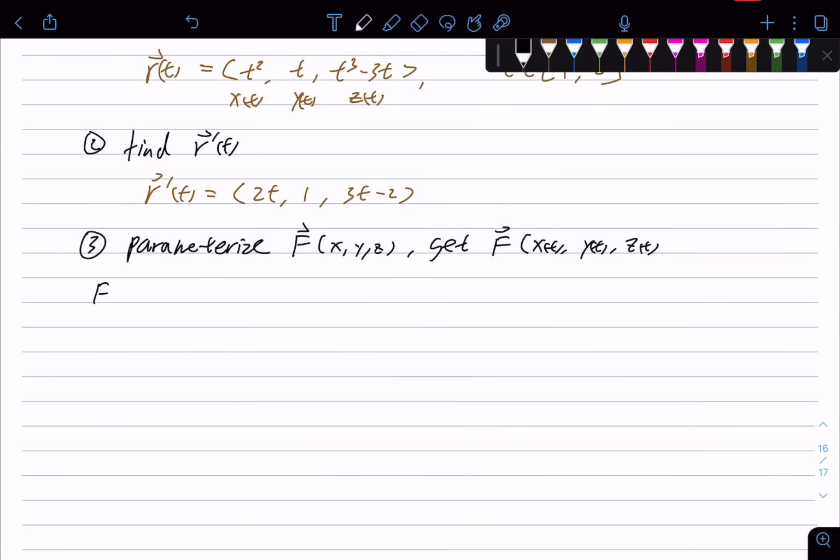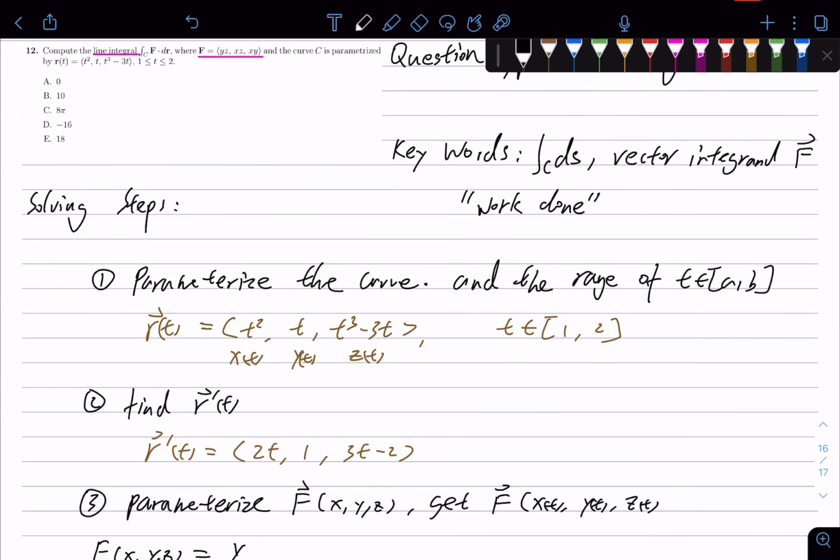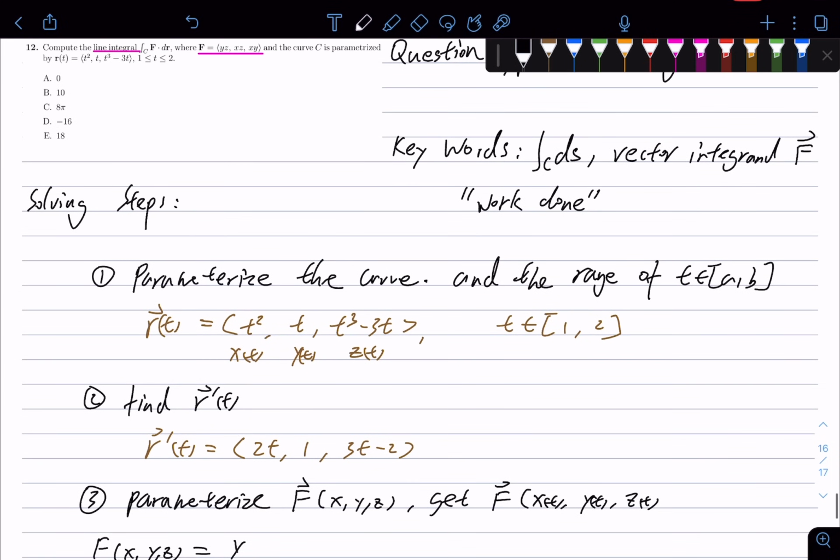So F of x, y, z equals what do we have here? yz, xz, xy. Okay.